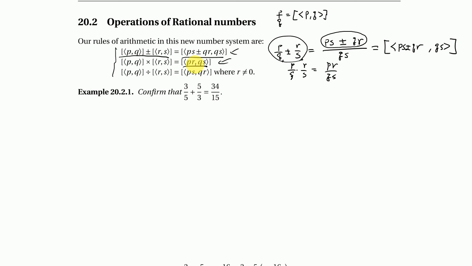And the division, P over Q divided by R over S, means P over Q times the reciprocal of it, which is S over R. Then following this product, we have PS over QR, and that's here. It looks like we're multiplying the far sides and putting the inner ones for the denominator, right? But same thing.